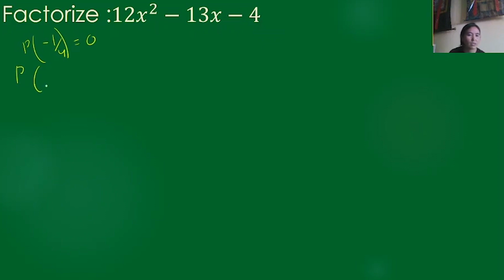So let's take p of minus 4 by 3. Now this will be equal to 12 into, instead of x you have to write minus 4 by 3 whole square minus 13 into minus 4 by 3 minus 4, which is equal to 12.